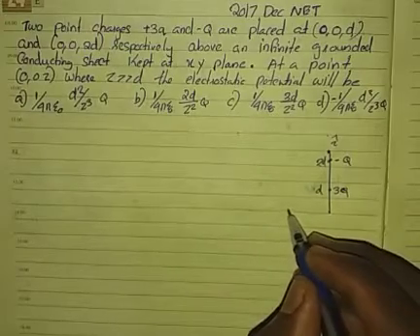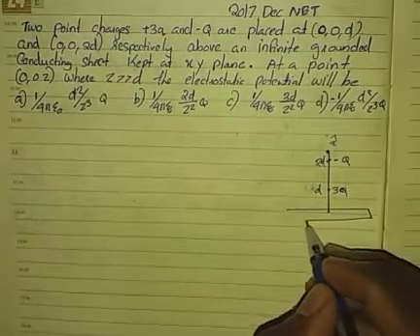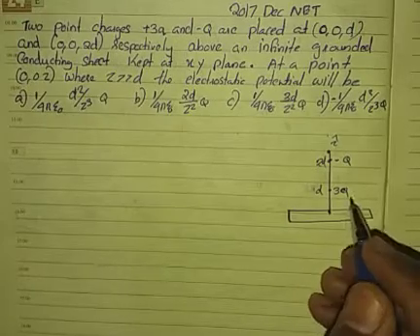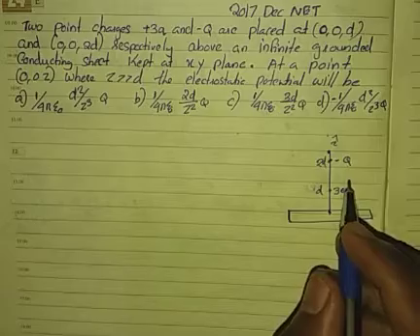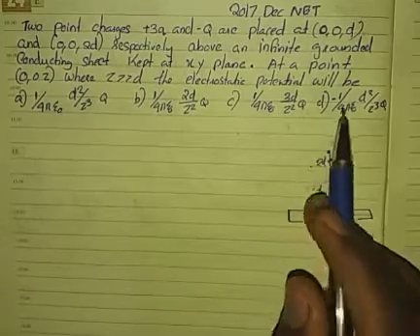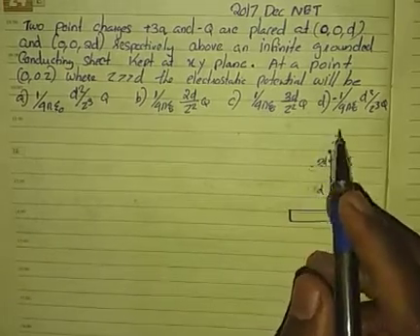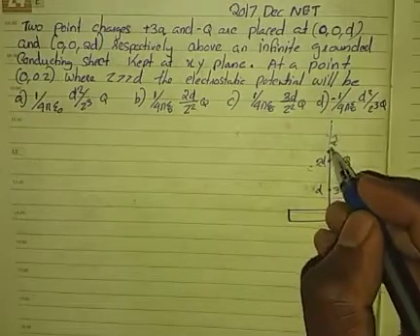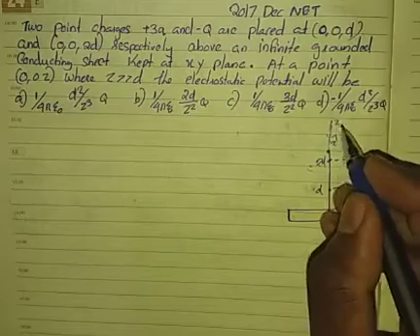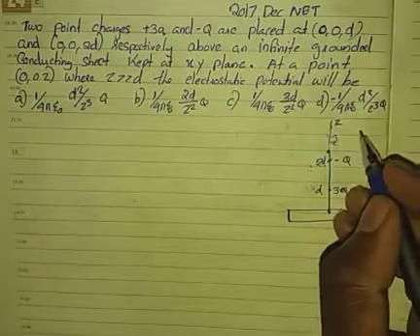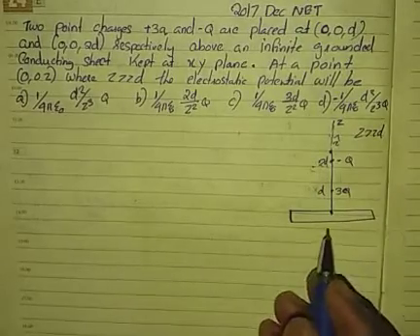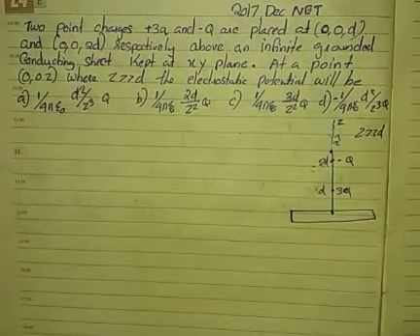Okay, this is our situation, and what we need to find out is the electrostatic potential at a point Z, which is much greater than D, which means almost at infinity. You need to find the electrostatic potential of this system. That's the question that we need to find out.